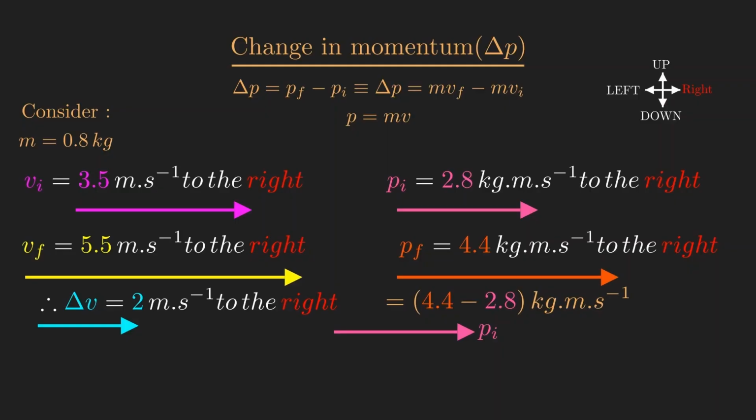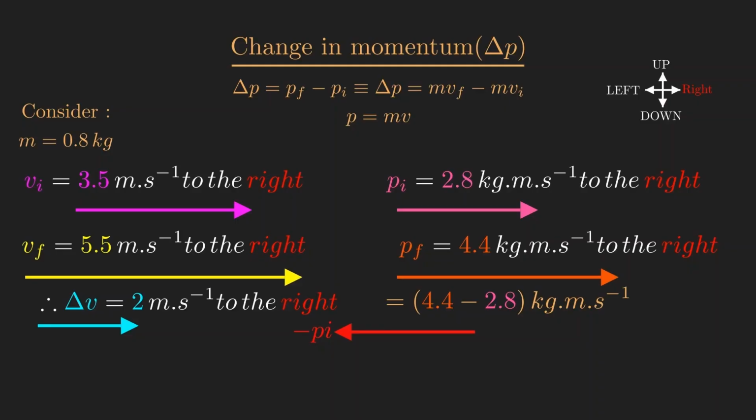Let us draw the initial momentum, which is p i, and the negative of this momentum is the vector that is the same magnitude as p i, but points in the opposite direction to p i. So minus p i is 2.8 kilograms meters per second to the left.